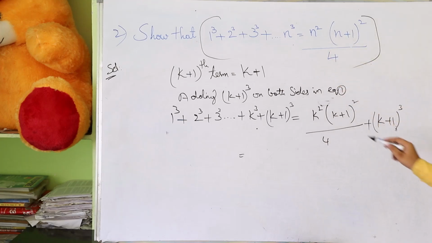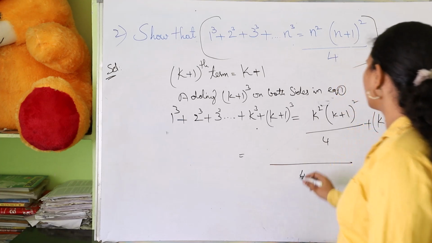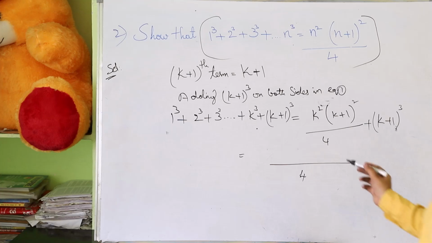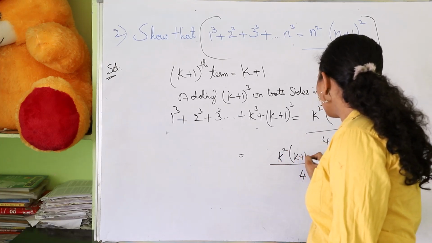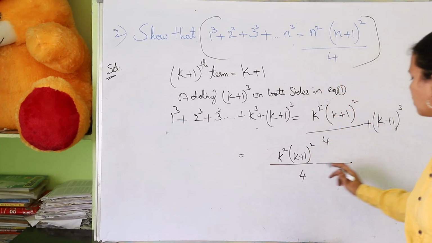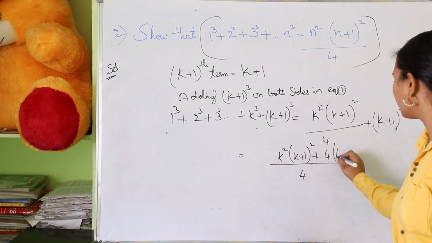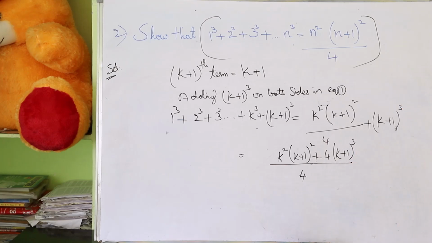As here we have got k square into k plus 1 whole square by 4 plus k plus 1 whole cube, take LCM as 4. LCM into numerator by denominator, this becomes k square into k plus 1 whole square, and plus numerator 4 into k plus 1 whole cube. Clear?